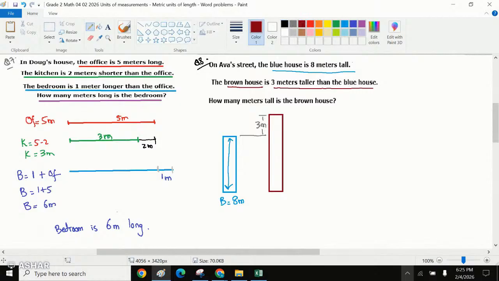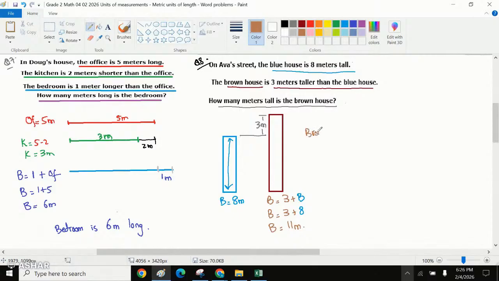So we can say the brown house is 3 plus 8, and we know that 3 plus 8 is 11, and the unit was meters. Their question is, how many meters tall is the brown house? We can simply say, 11 meters tall.